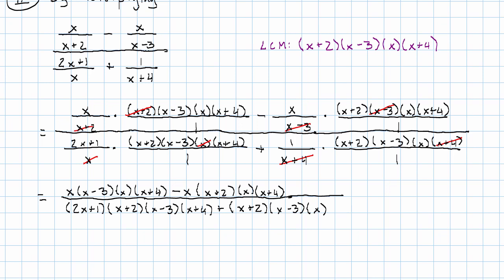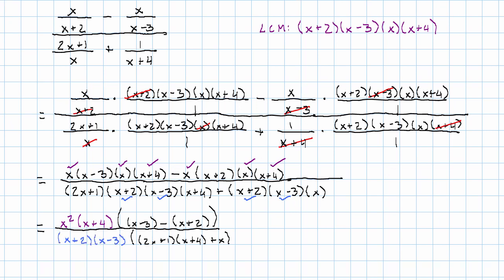Right? So we might get something like that's a common factor, and that's a common factor, and that's a common factor in the numerator, and then this is a common factor, and this is a common factor in the denominator.